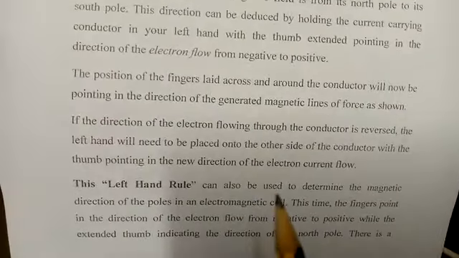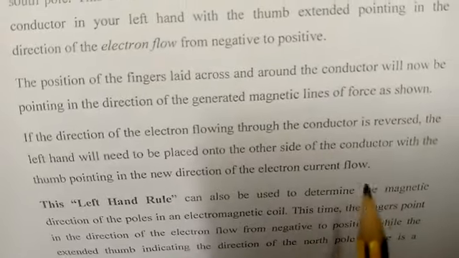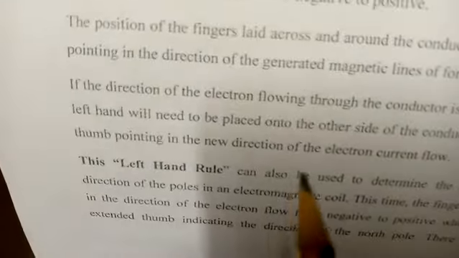The left hand rule can be used to determine the magnetic direction of poles.